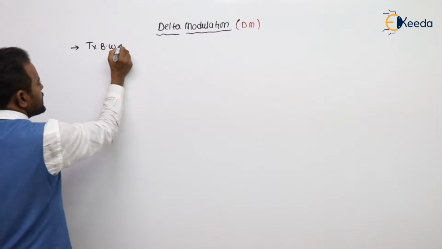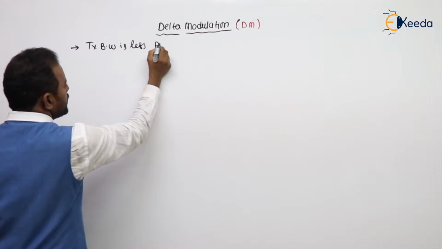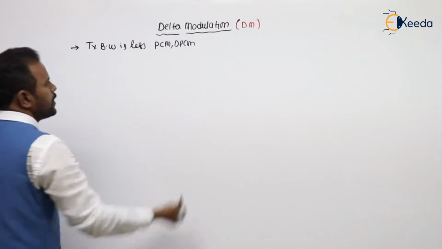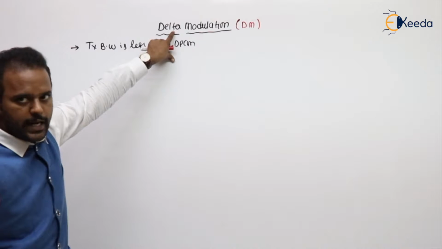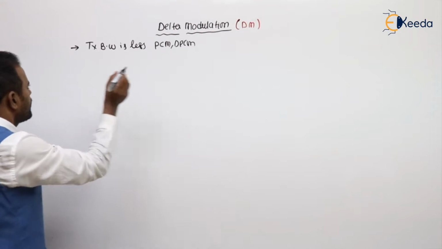Transmission bandwidth is less when compared to PCM as well as DPCM. So the transmission bandwidth requirement of delta modulation is less when compared to PCM and DPCM.